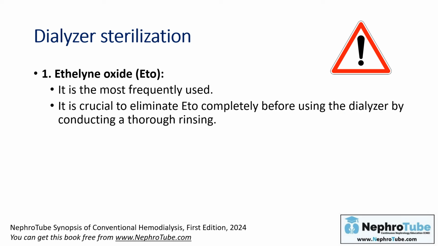So it is important, as we mentioned before in lecture 2, to eliminate ethylene oxide completely by rinsing before connecting the dialyzer to the patient, because if ethylene oxide reaches the patient, it may cause an allergic reaction, and we call this type A dialyzer reaction. That will be discussed later in lecture 8 when we are discussing the complications of hemodialysis.